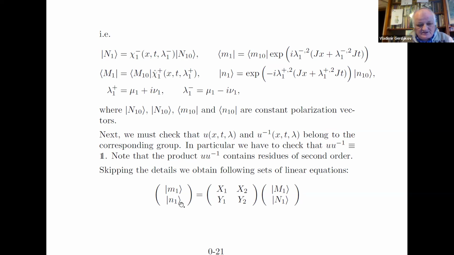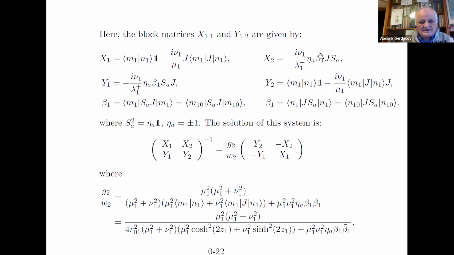I remind you, these were some simple exponential factors that were given up here. Capital M1 and capital N1 were something that we do not know and that we want to calculate. So the expressions for x1 and x2, y1, y2 are given here explicitly in terms of the scalar products of these polarization vectors, small m1, small n1.